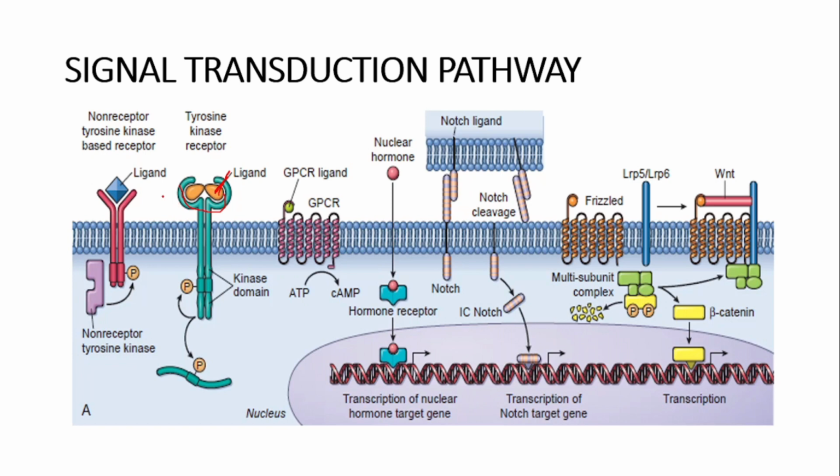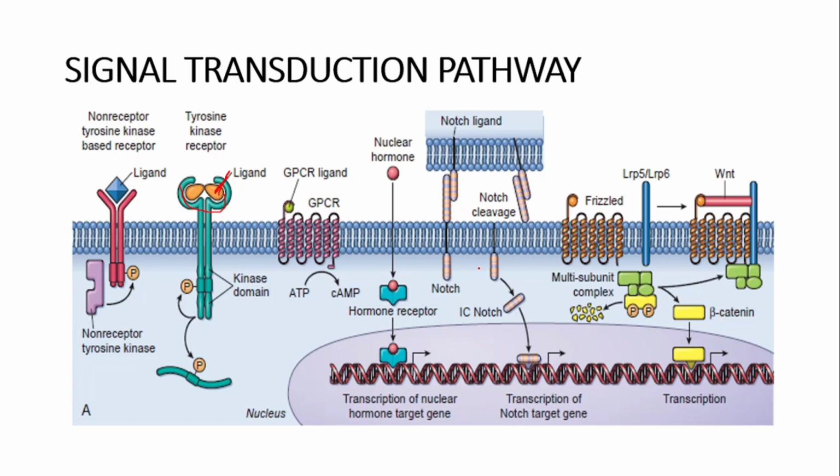So cellular receptors are of several types. We will see about them one by one. And these receptors are based on the signaling mechanisms they use and the intracellular biochemical pathway they activate. So depending upon them, the receptors are divided into several types.